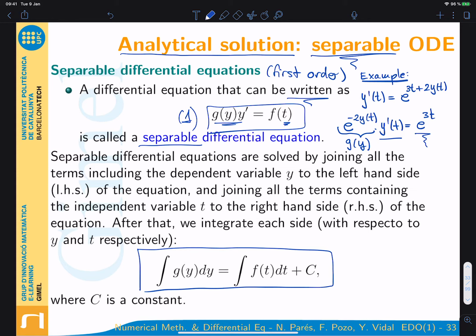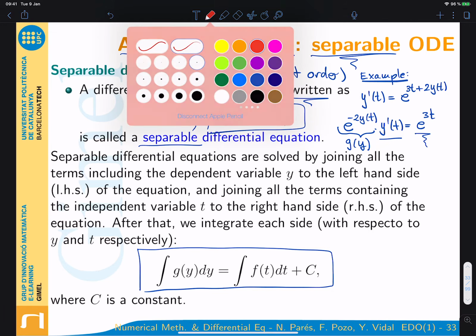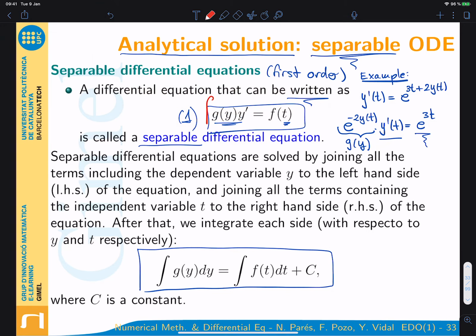So it's like using here the integral of g(y) with respect to y, equals the integral of f(t) with respect to t, plus a given constant. This is very important. Remember that if we solve a first order differential equation, there will always be an undetermined constant c.